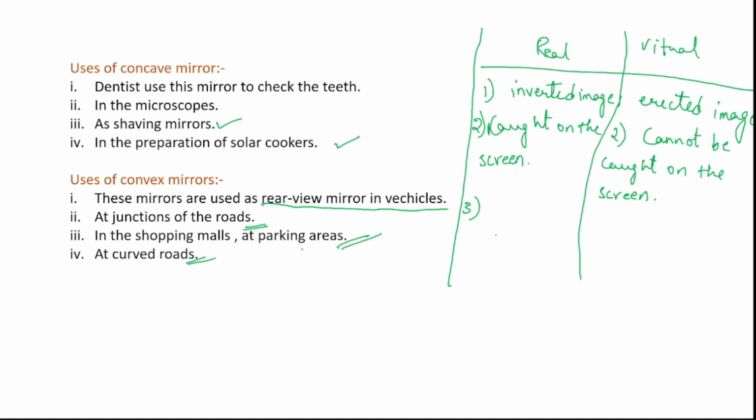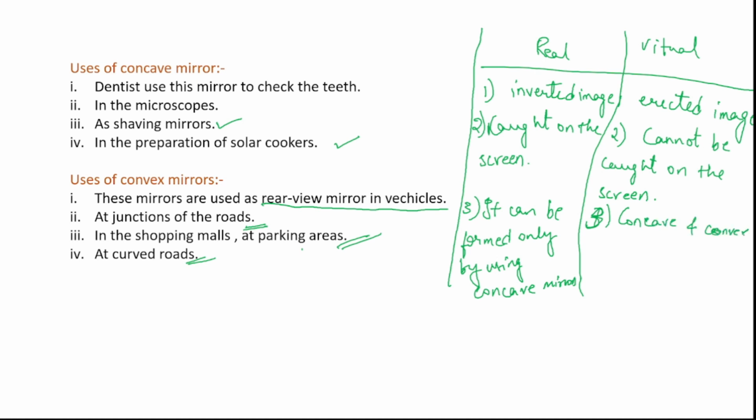Next, real images can be formed only by using concave mirrors. Okay, but virtual images can be formed by using both mirrors, that is concave and convex. Okay, next, these real images can be formed by reflected rays in the ray diagrams itself, right?